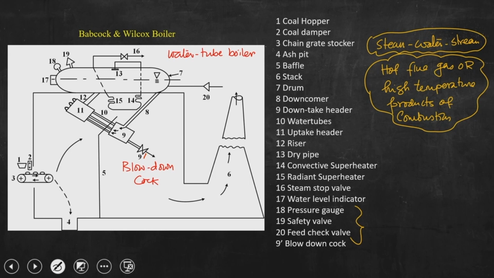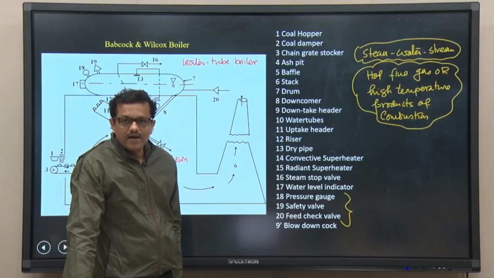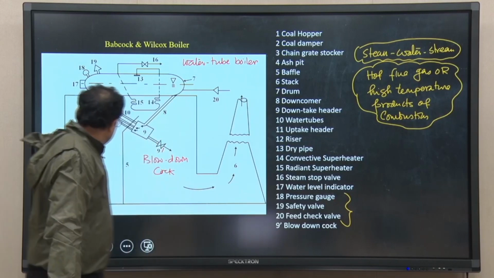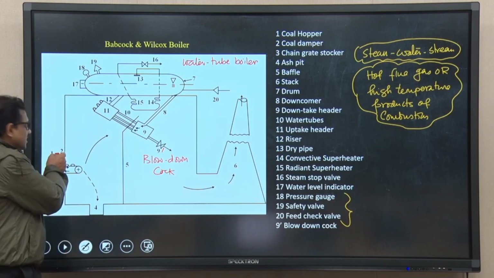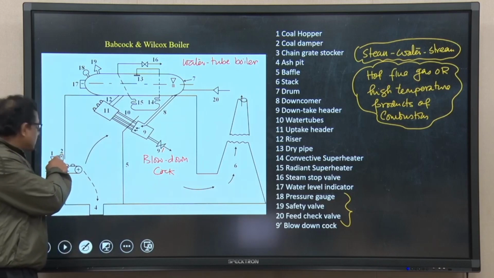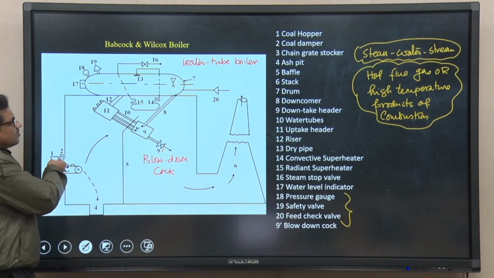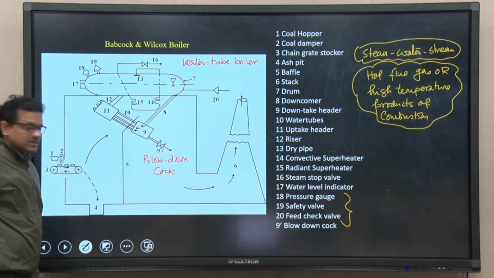If we look at this part 1, 2, 3 and 4, it is a coal fired boiler. What we can see, coal hopper. So, basically coal is placed initially at the coal hopper, that is at 1, and that coal is now dumped at 3.